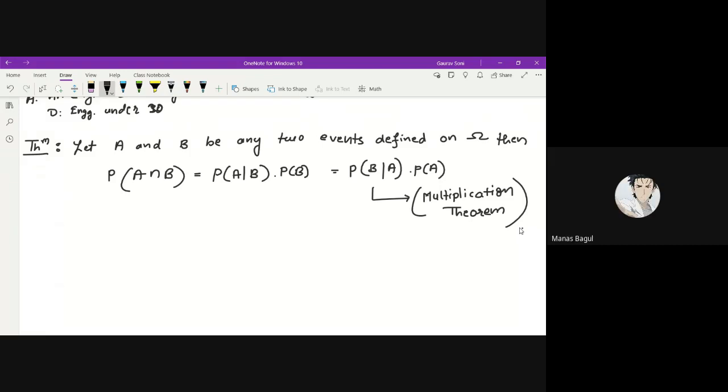We'll use conditional probability and just adjust the terms in the definition according to your requirement. Fine.